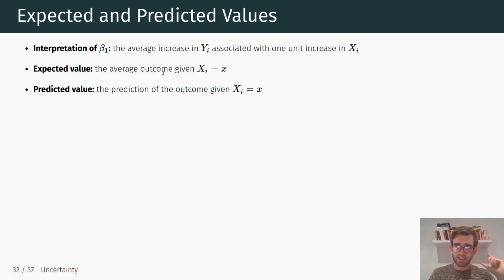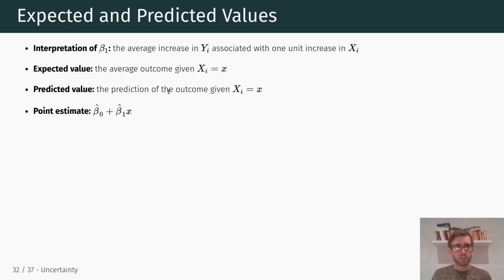So that's the average across repeated sampling procedures: what is the average outcome given that xi is equal to x? And this is for one specific sample, so to speak: what is the predicted outcome for xi being equal to x? And that's the key distinction that we have to keep in mind.